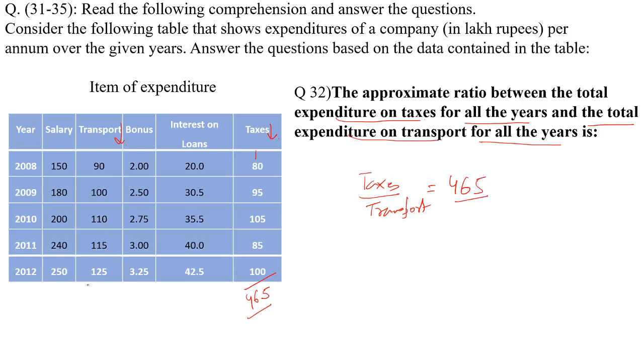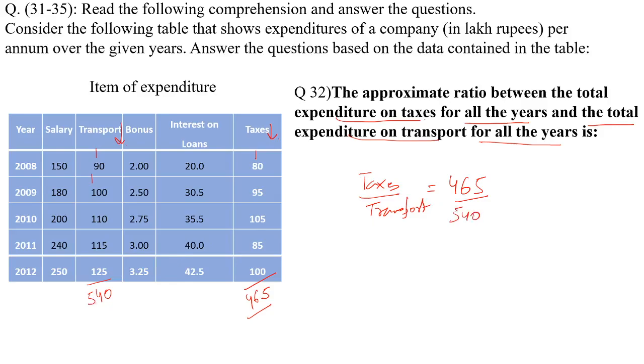And here transport will be 10, 1 carry, 9 plus 1 is 10, 10 plus 2 is 12, 12 plus 2 is 14, 1 carry, 1 plus 2, 3, 4, 5. It comes as 540.